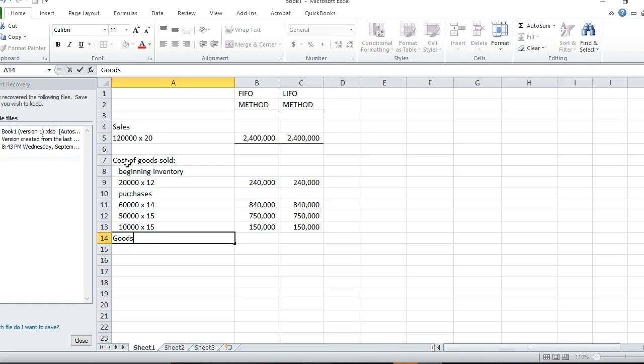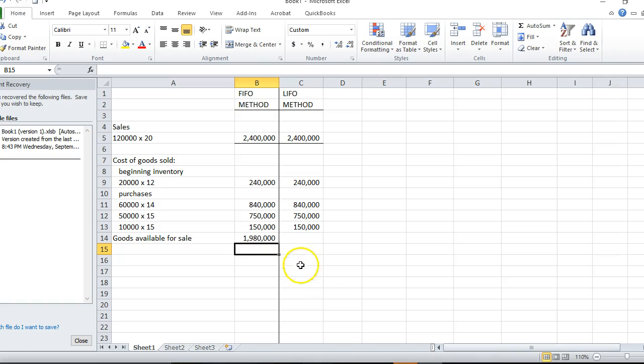So our goods available for sale is the same. Our goods available for sale are 1,980,000, aren't they? But under FIFO, our ending inventory is going to be different than under LIFO. We sold 120,000 units.